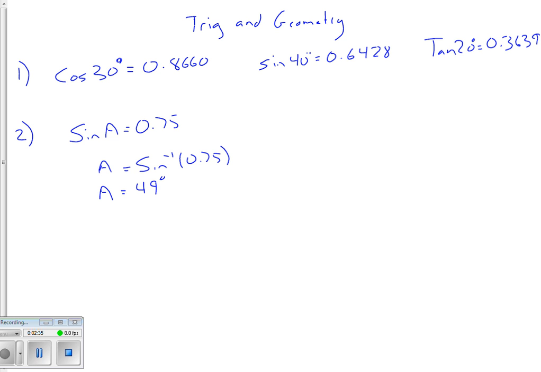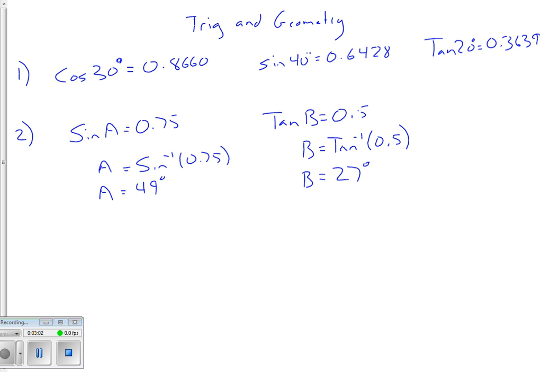You can do the same thing with tan. So let's say that tan B is equal to 0.5. Well, if I do tan inverse of 0.5, my angle is going to equal 27 degrees.